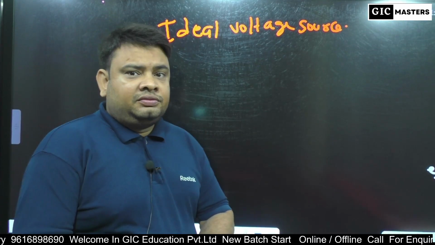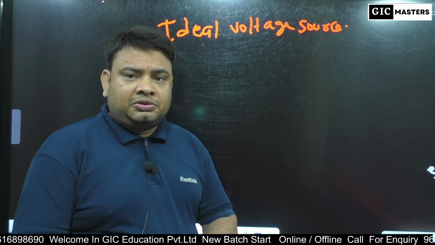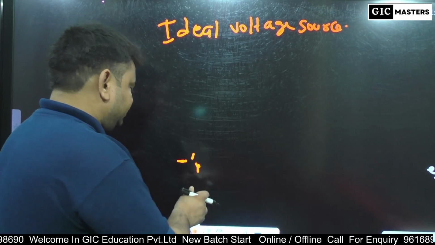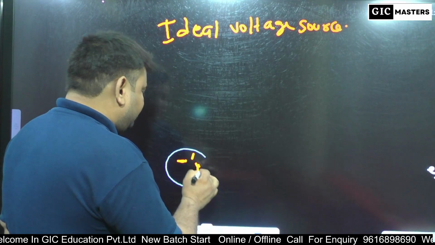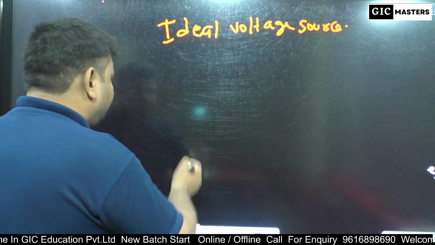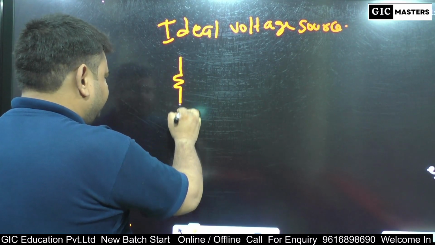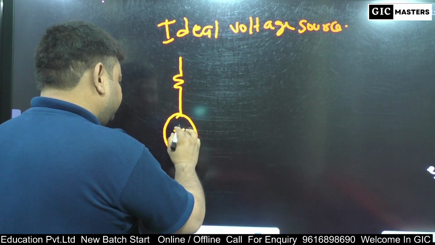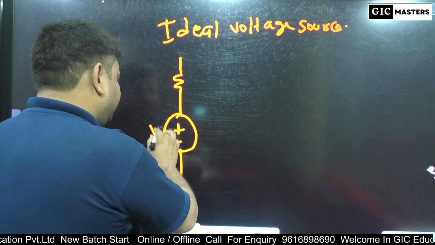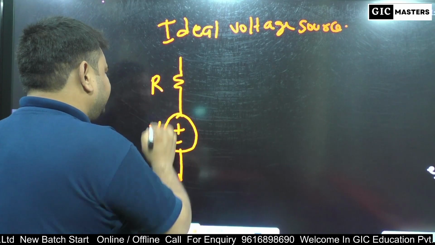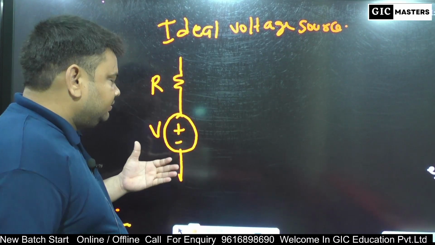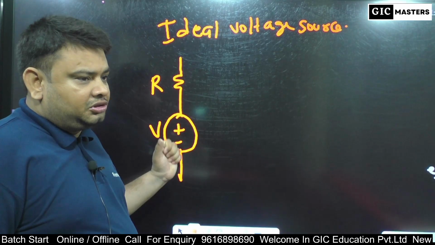When we represent a voltage source in a circuit, the ideal voltage source looks like this. When a voltage source is connected in series with a resistance, it is called a practical voltage source.